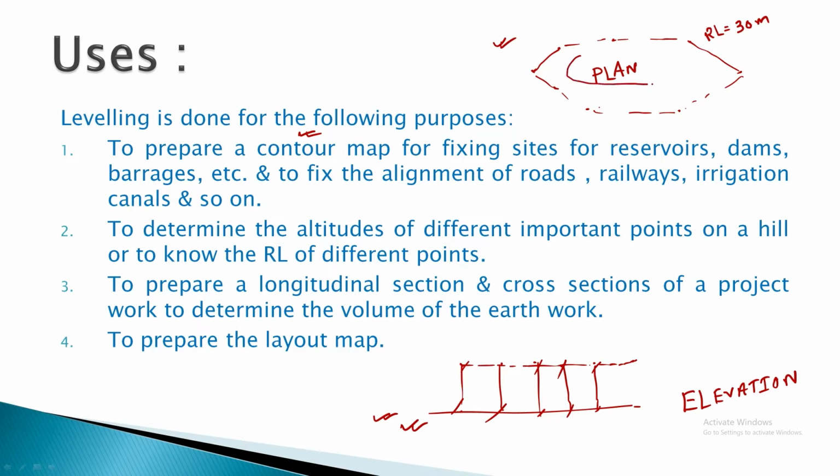Suppose there is another line like this. If the RL value is less than this, suppose 20 meter, the shape will be something like this, because the height of these points is 30 meter and the height of this point is 20 meter.